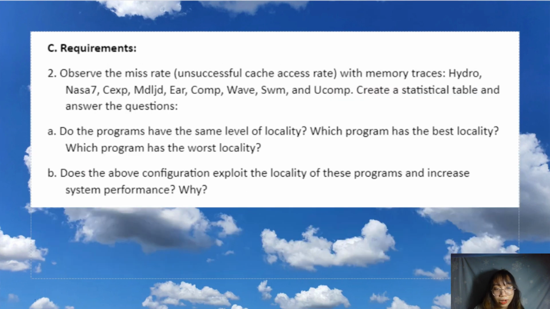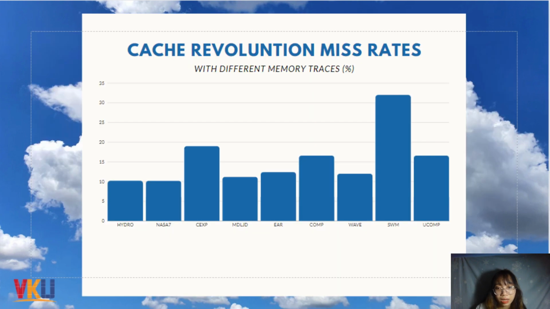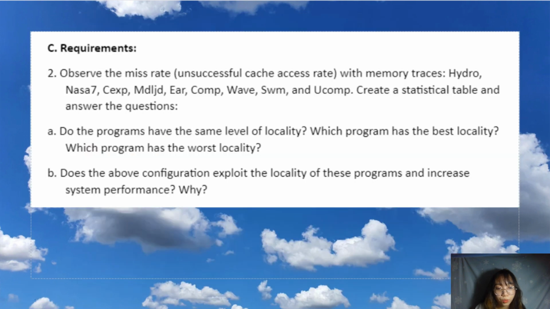The second requirement asks us to observe the miss rate in the cache access with the memory trace. I come to a statistical table to answer section A: do the programs have the same level of locality? Which program has the best locality and which program has the worst locality?